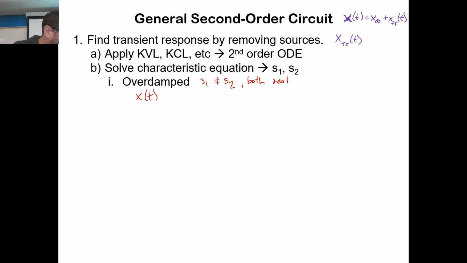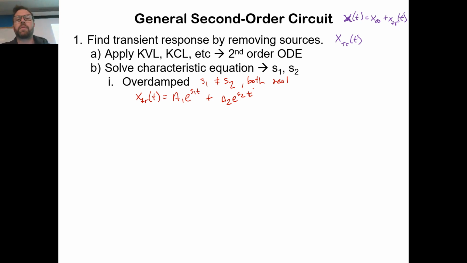I should probably be writing on these as transients, to keep the notation clear, because you're only finding the transient response here. So x transient of t is going to be a1 e to the s1 t plus a2 e to the s2 t. So it has the same form.